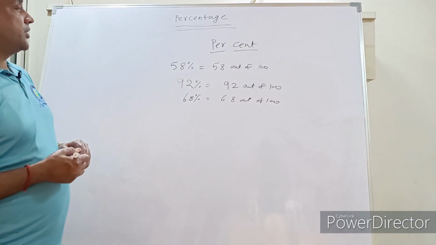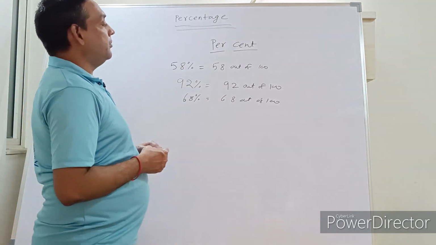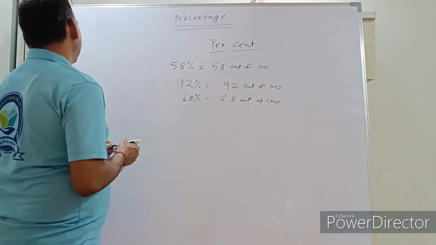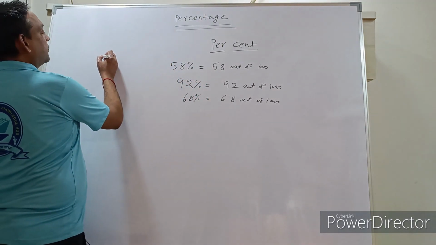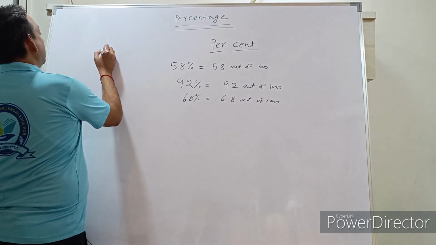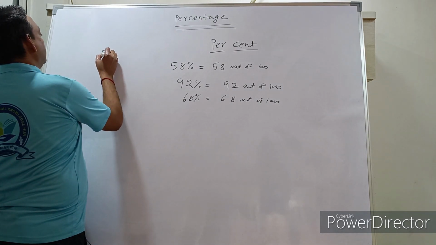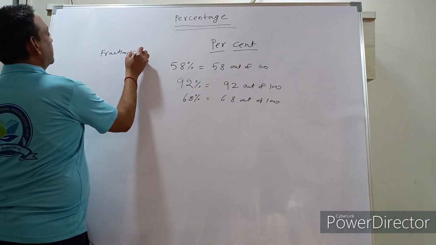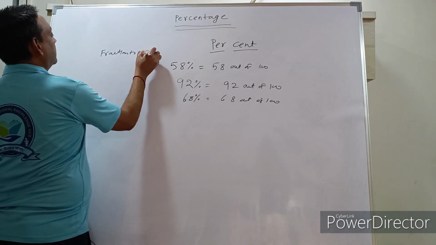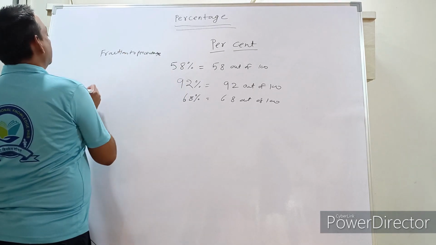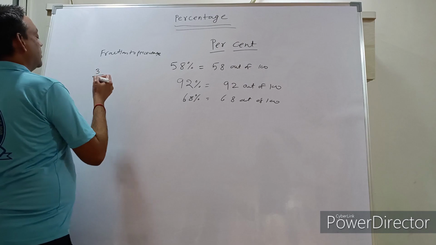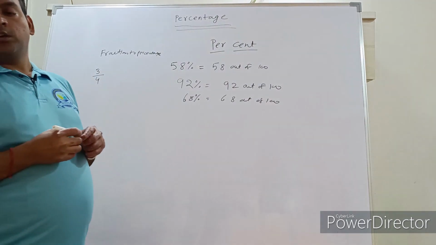Okay, so the first one is to convert from fraction to percentage. So like suppose 3/4.